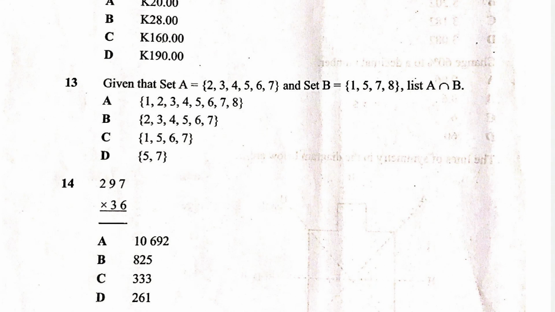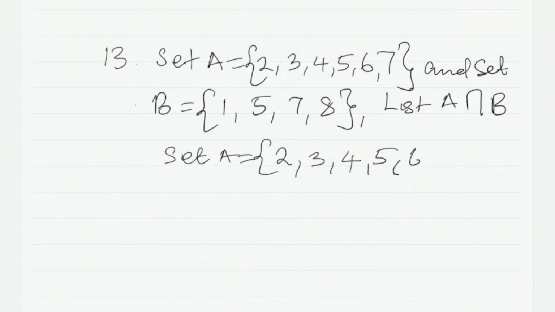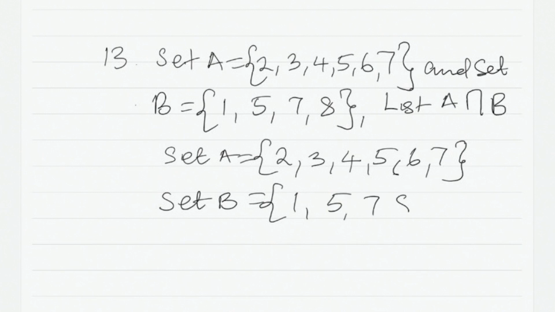To answer this question, first of all, let's rearrange the sets like this so that we see them clearly. We have set A, that is 2, 3, 4, 5, 6, 7. These are the elements that are found in set A. Set B, that is 1, 5, 7, 8.